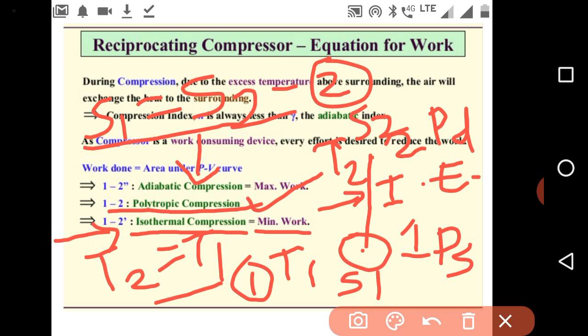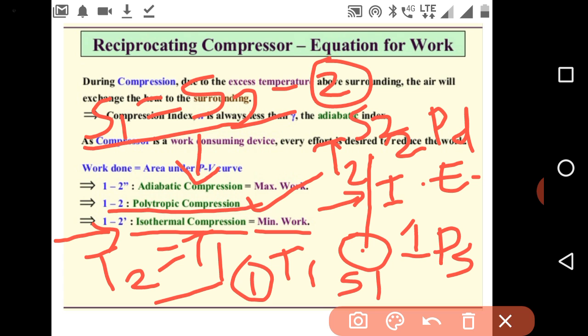The internal energy increase will be there, but for reducing internal energy at stage 2, we can use different means, such as a cooling arrangement, so that we can approach isothermal compression.